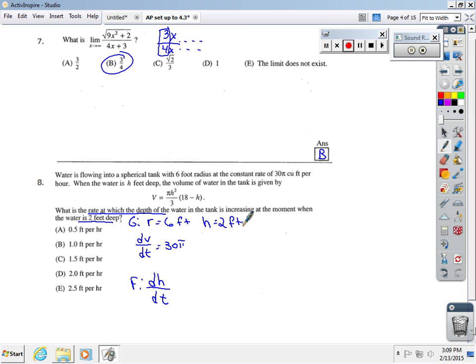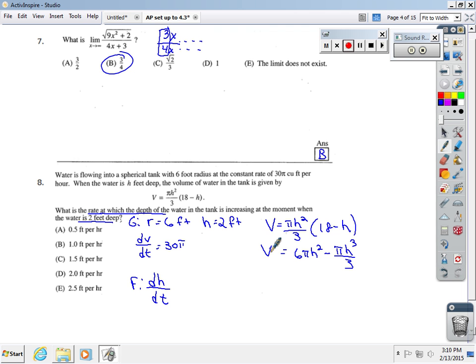Okay, so we're going to take the formula that's given, which is pi h squared over 3 times 18 minus h. Before I take the derivative of that, I'm going to distribute to simplify this a little bit. So that gives me 6 pi h squared minus pi h cubed over 3, and that's the volume.